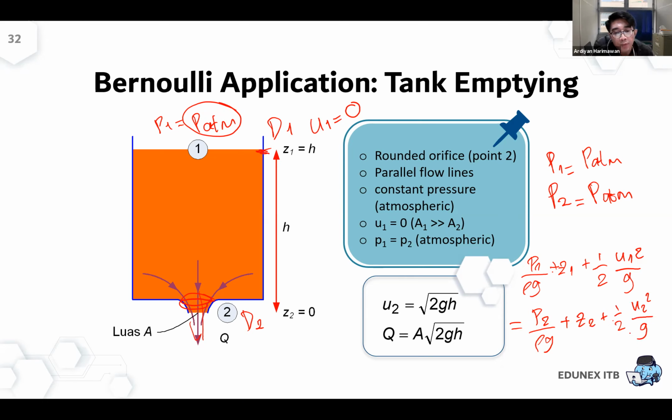P1 and P2 are the same atmospheric pressure, so you can cancel them out. Since the baseline is at point 2, Z2 equals 0. And since at point 1 there is no movement of the water, this one equals 0.